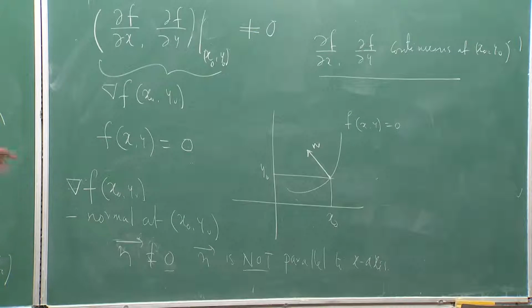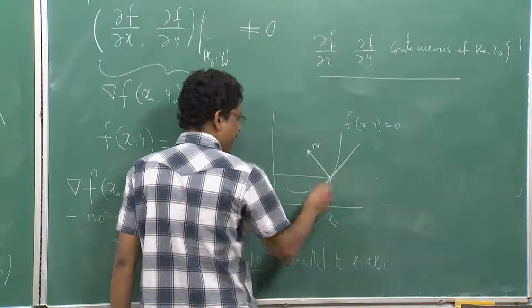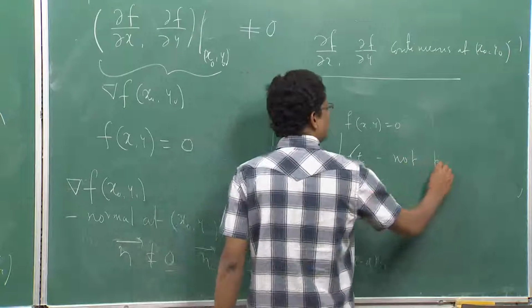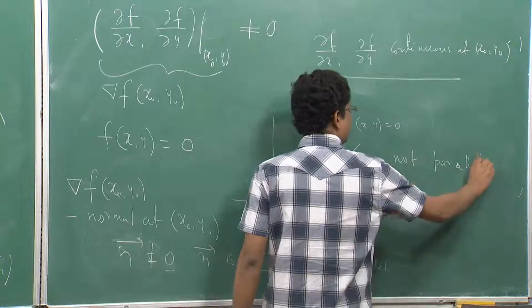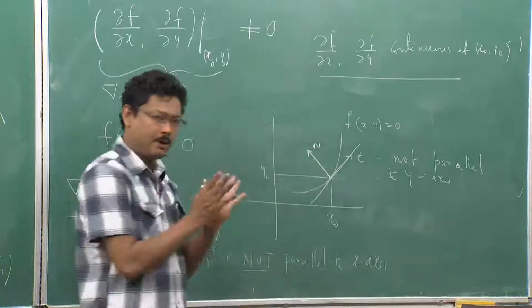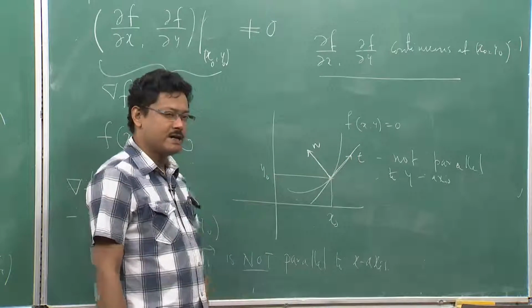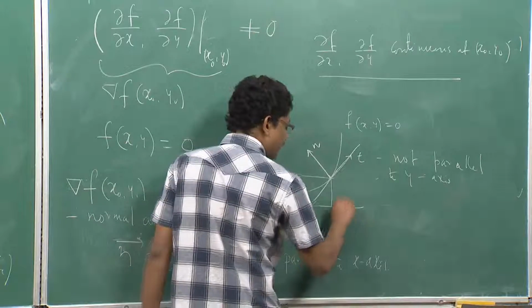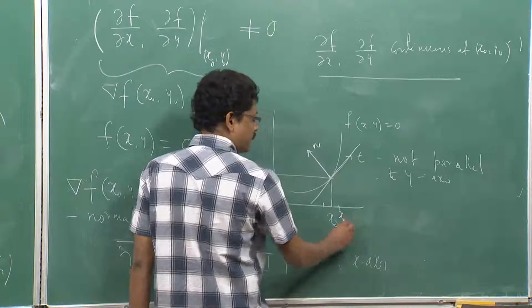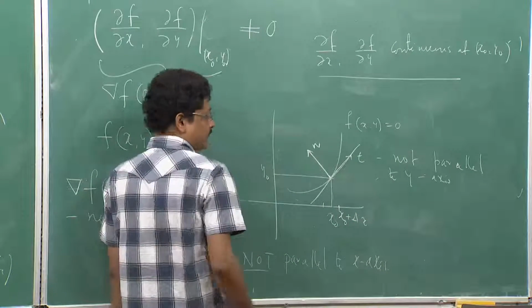If I have this curve and the normal is not parallel to the x axis, then the tangent is not parallel to the y axis, because normal and tangent are perpendicular to each other. If at a point the tangent is not parallel to the y axis, what does it mean? If I move a little bit from here, on this side or this side, and fix the x here, so let us say x naught plus something, some little bit I move from x naught. So, in that neighborhood I have to decide.